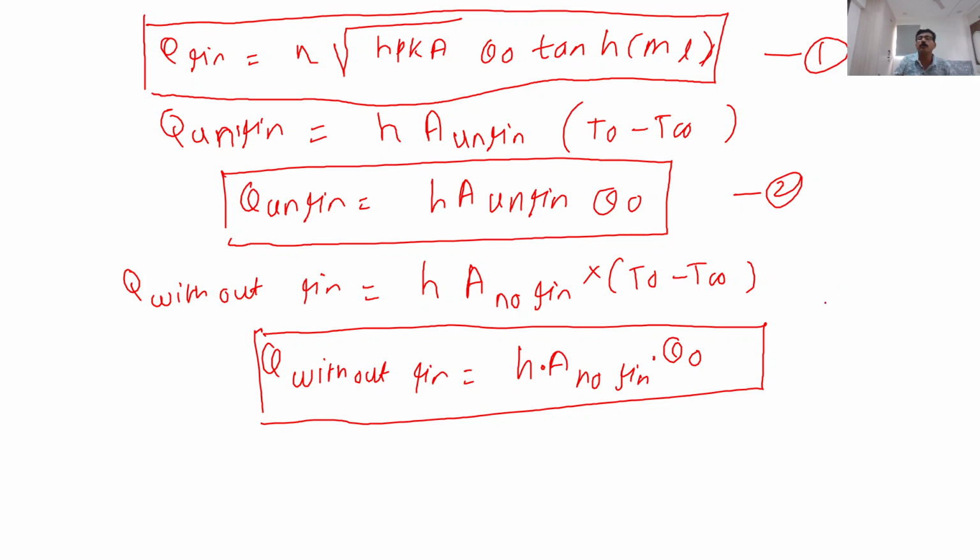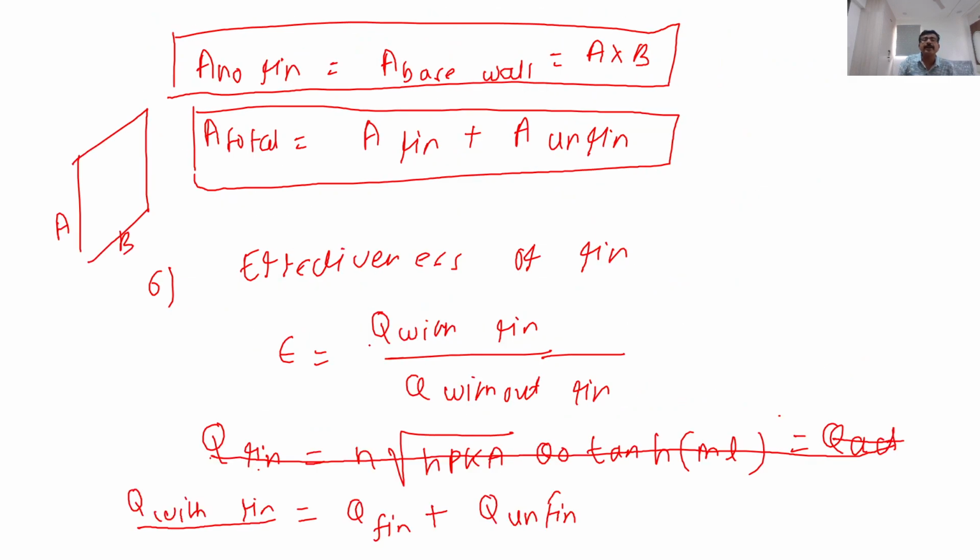This is equation 3. Equation 1, equation 2 and equation 3 together: Q with fin is 1 plus 2, and Q without fin is 3. So equation 1 plus equation 2 divided by equation 3, you will get the answer of effectiveness.